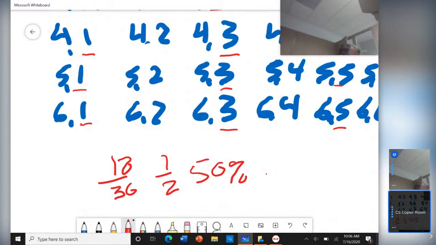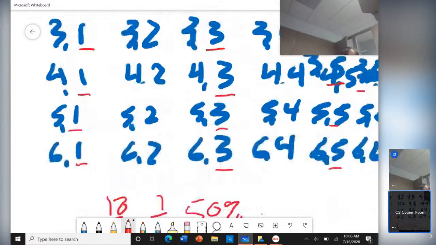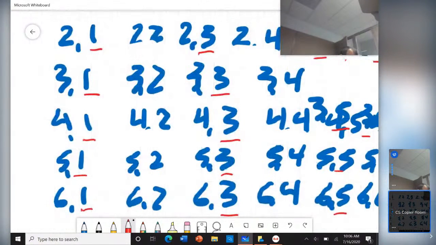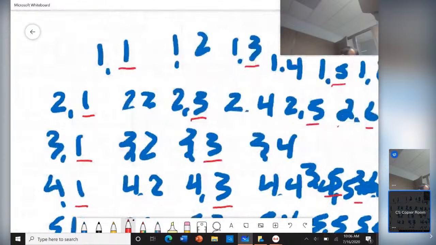Showing a prime number on the first dice. So a prime number can only be divided by itself and 1. So that's the first dice. Let me erase those.